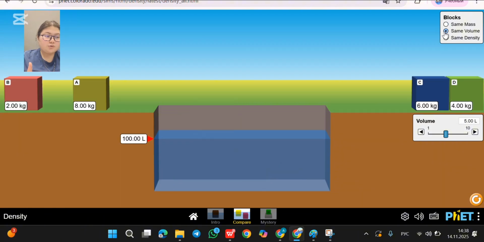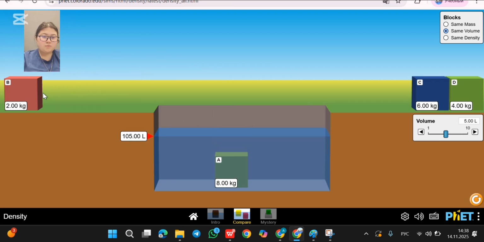so the object floats. Let's see case number 2, where we have the same volume. Our volume is equal to 5 liters. Let's get the blocks.